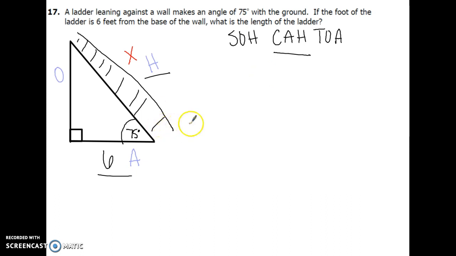We are going to say the cosine of 75 degrees is equal to our adjacent over our hypotenuse, which then becomes 6 over x.